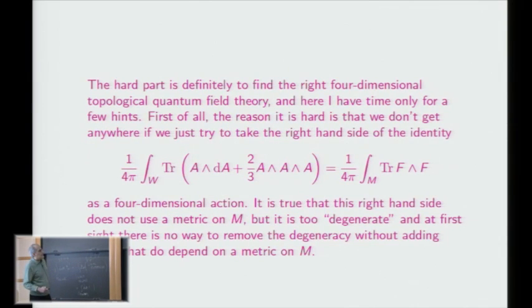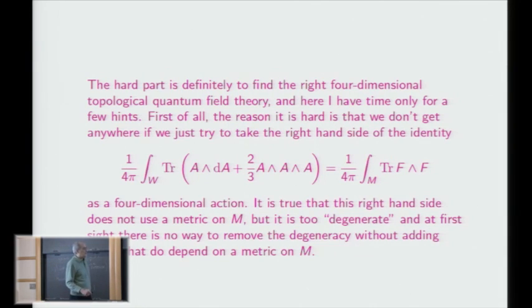The hard part is definitely to find the right 4-dimensional topological field theory, and I only have time for a few hints. First of all, the reason it's hard is we don't get anywhere if we just try to use the right-hand side of this identity as a 4-dimensional action. Although the left-hand side makes sense as an action for a gauge field in 3 dimensions, for a reason I didn't tell you. The reason is that its linearization gives an elliptic differential operator modulo the gauge group.